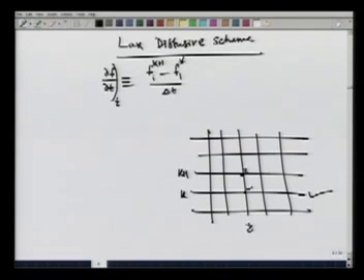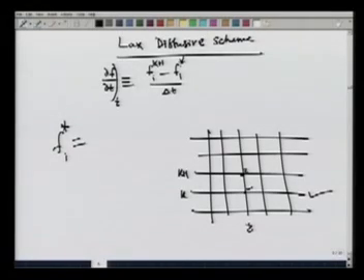What is f star? This is the average of the neighborhood values. Mathematically, it can be proved that if I use the value f I k here, the scheme will be unstable. What is an unstable scheme?